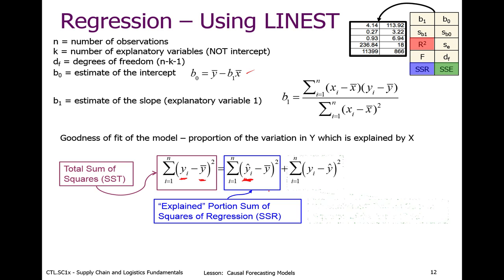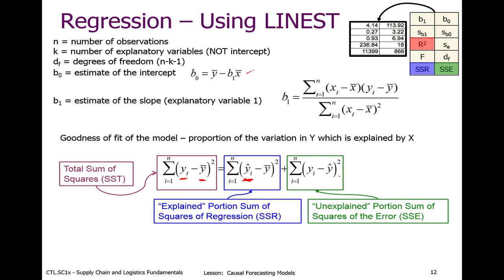The second component is the unexplained portion, and this is just the yi, the observed, minus what I predicted. This should look very familiar. It's the residual. So the total sum of squares consists of 2 parts: the explained portion, which my regression is doing, the sum of squares of the regression, added to the sum of squares of the error, the unexplained part.